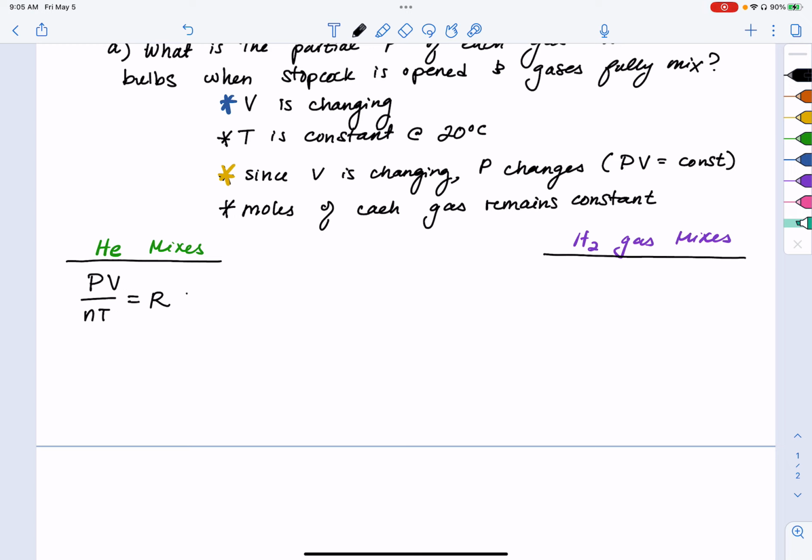So this is also going to be equal to, let's call this P1V1 over N1T1 is equal to P2V2 over N2T2.